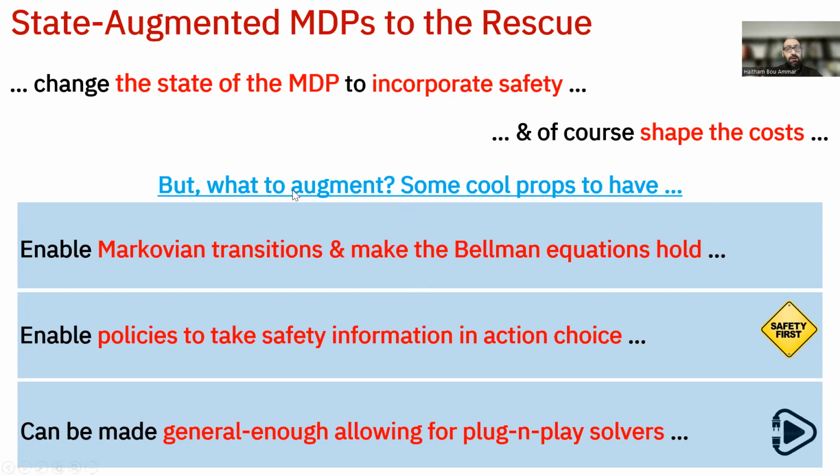So the question here is, what can I augment my state variable with and have a Markovian transition, have policies that explicitly take safety information into account? And if I have those two, then it's interesting because you need to just do slight changes in the environment code to be able to have a plug and play solution where anything could just plug in and then you can solve the problem.